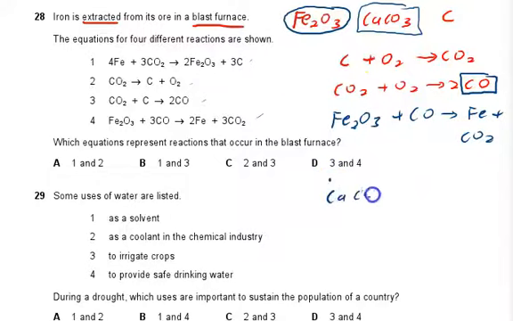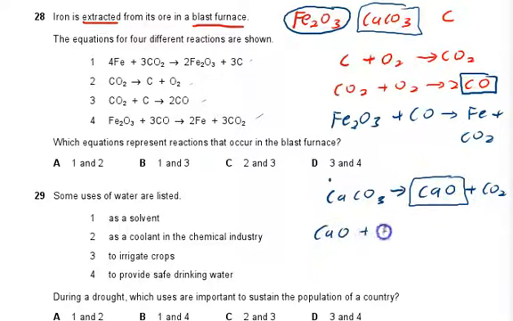Calcium carbonate will decompose into calcium oxide and carbon dioxide. This further will be reacting with silicon dioxide, which is from here, and it will form calcium silicate. This is the slag.